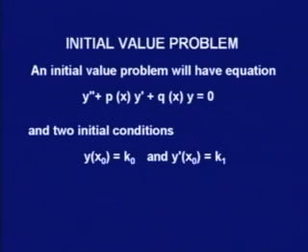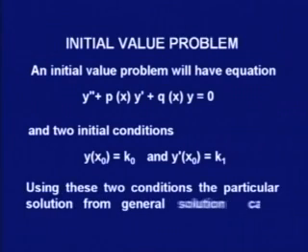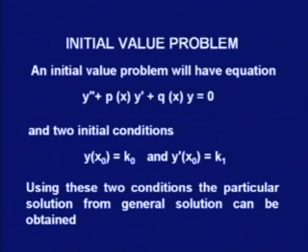Now, it is a second order equation and we will have two initial conditions, that is the value of the function at a particular point and the derivative of the function at that particular point. If I use these two conditions in the general solution, we can obtain the particular solution of the initial value problem.